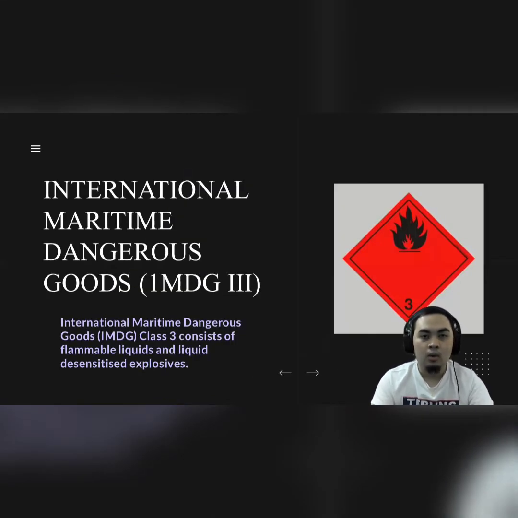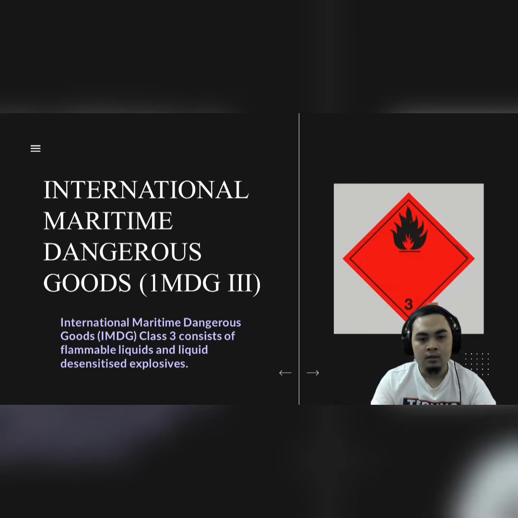What is International Maritime Dangerous Goods or IMDG Class 3? IMDG Class 3 can be classified as a flammable liquid with a flash point of no more than 60 degrees Celsius. This includes liquid substances, molten solid substances with a flash point greater than 60 degrees Celsius, and liquid desensitized explosives.